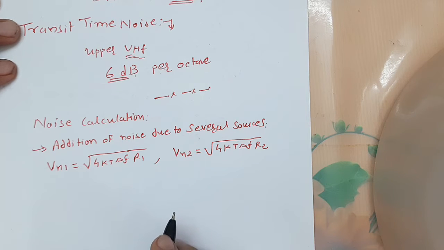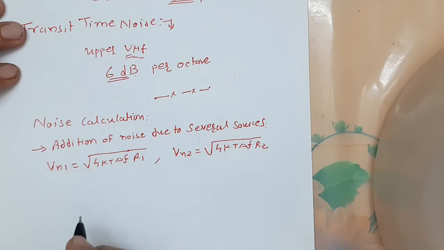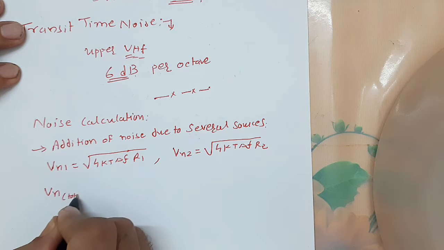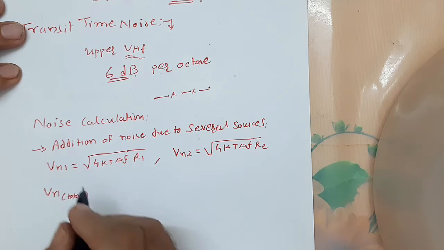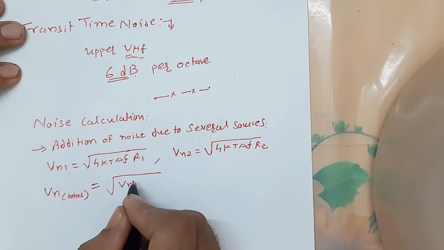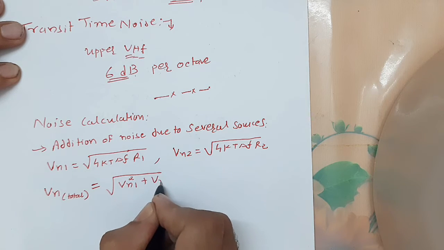The sum of two such RMS voltages in series is given by the square root of the sum of their squares, so that we write Vn total equal to under root of Vn1 square plus Vn2 square.